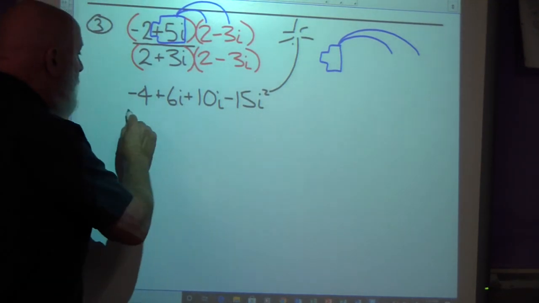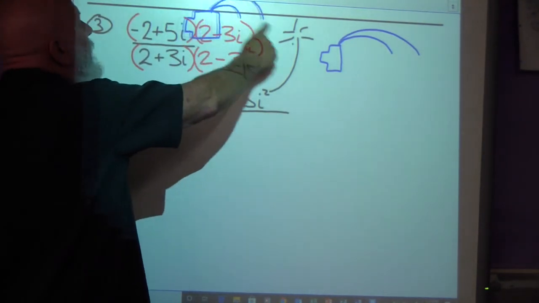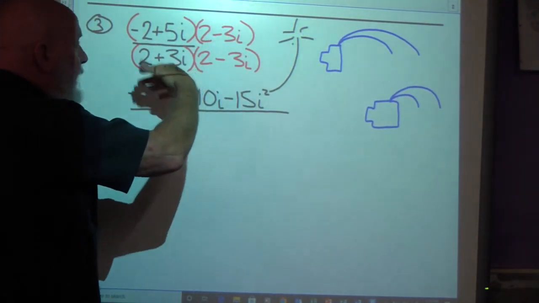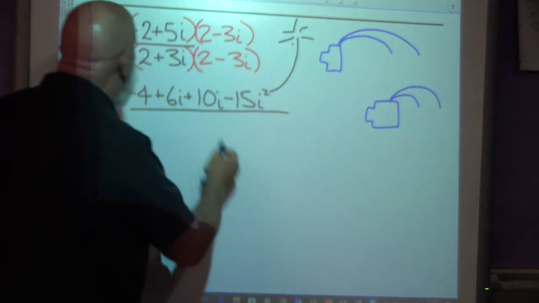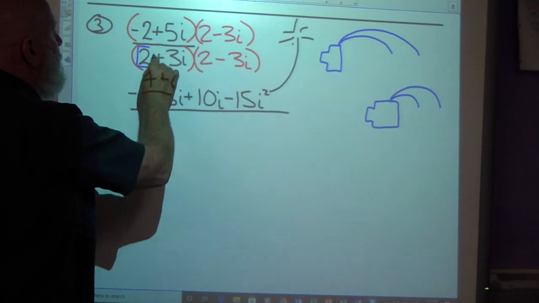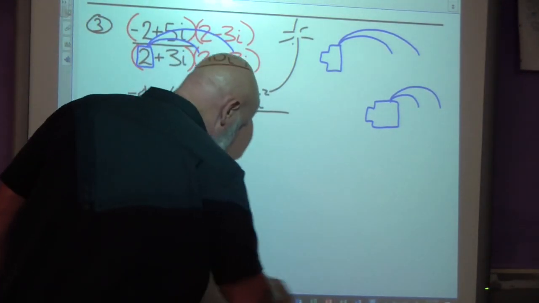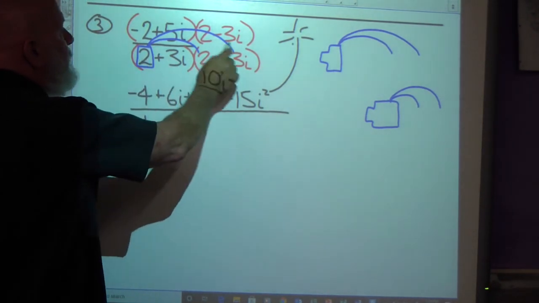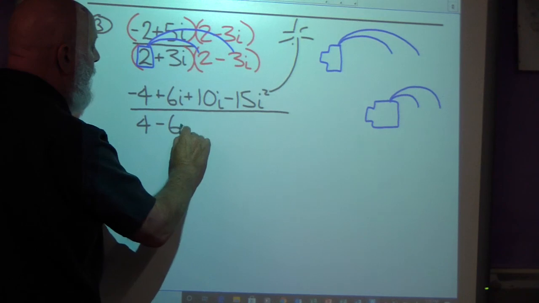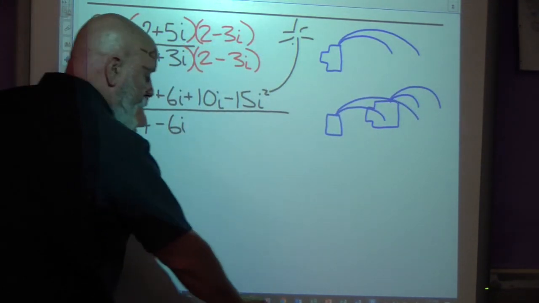Okay? In the bottom, I'm going to do the exact same thing I did in the top, and I just foiled, so to speak, the numerator. Now I'm going to foil the denominator. I'm going to take this 2, and I'm going to distribute it throughout this quantity. And rewrite. It's 2 times 2 is 4. 2 times negative 3i is negative 6i. I'm going to take this positive 3i and do the exact same thing.